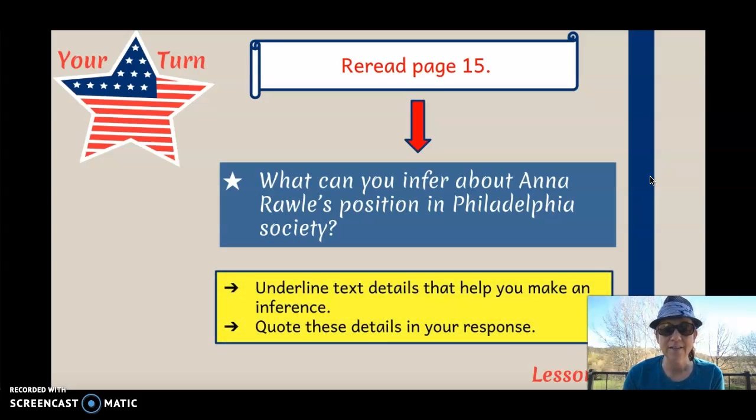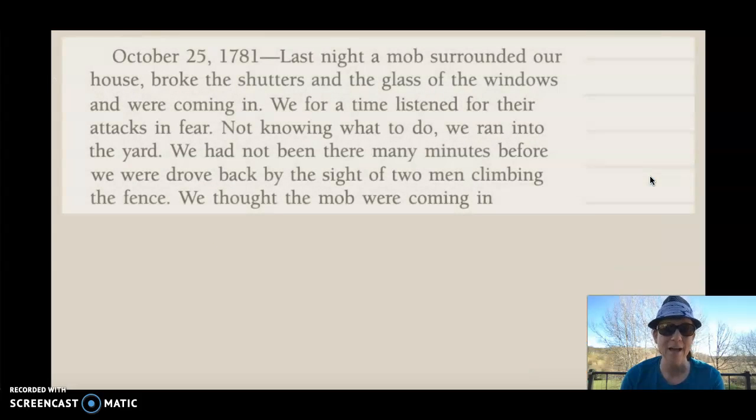I want you to underline the text details that help you make an inference. And I also want you to quote these details in your response. All right, take some time to do this. Pause the video here and then come on back to me. Welcome back.